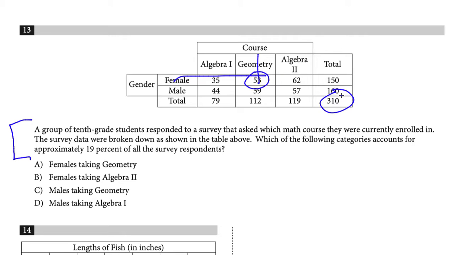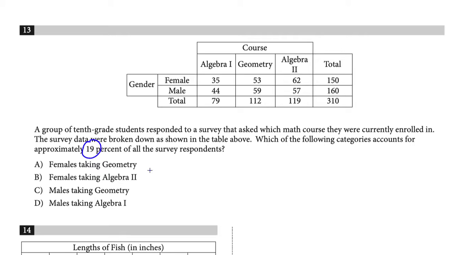It's about 0.17, or 0.170967704. I'm looking for 19%. What percent did I get for females taking geometry? Not a decimal. What percent did I get?